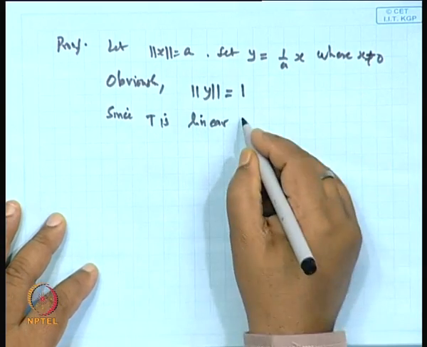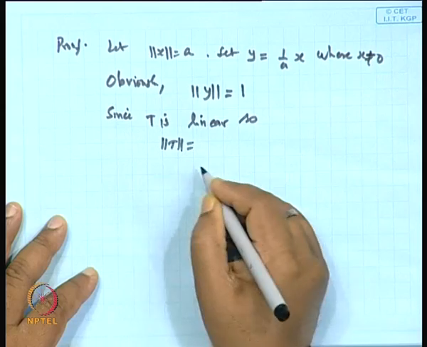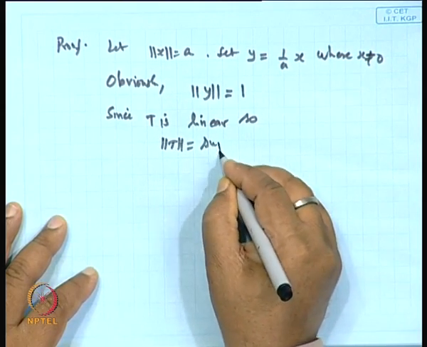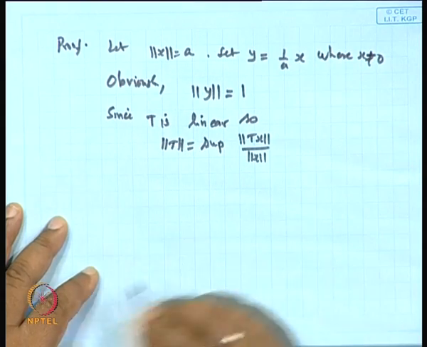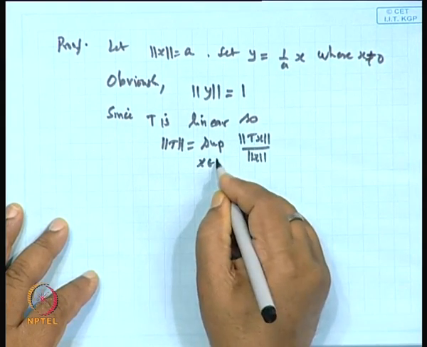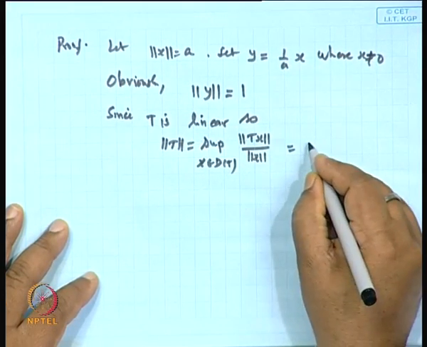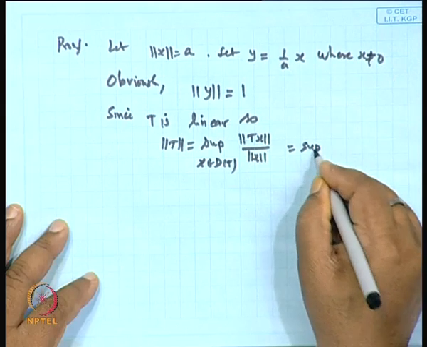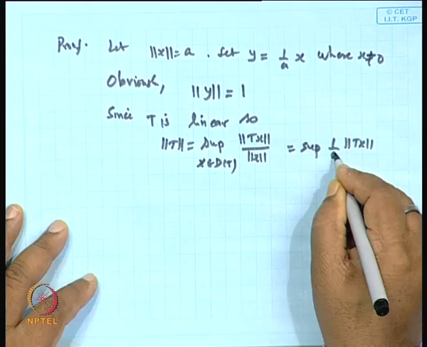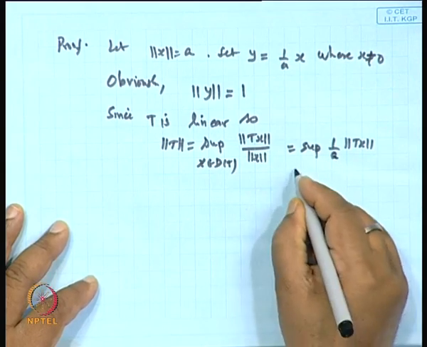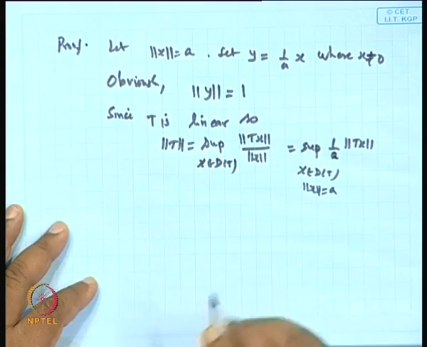we get norm of T, which is defined as the supremum of norm of Tx over norm x, when x belongs to the domain of T. But norm x is a, so it is equal to the supremum of 1 by a norm of Tx, where x belongs to the domain D(T) and norm of x is equal to a.